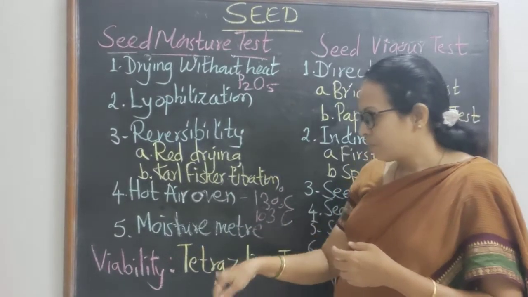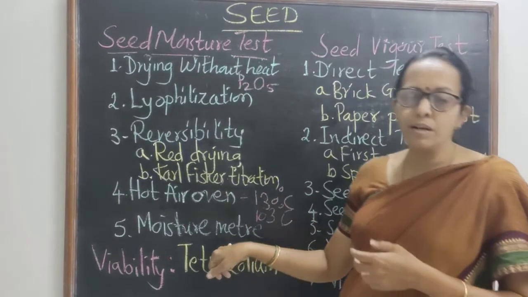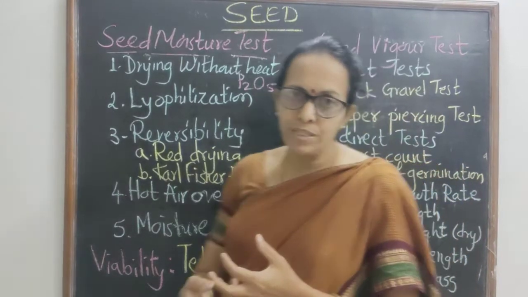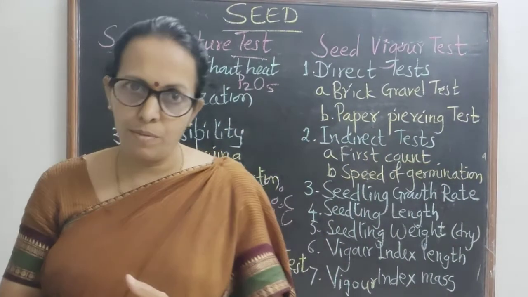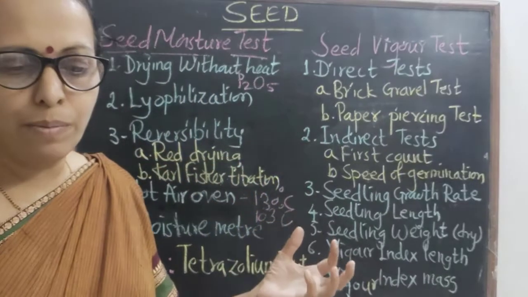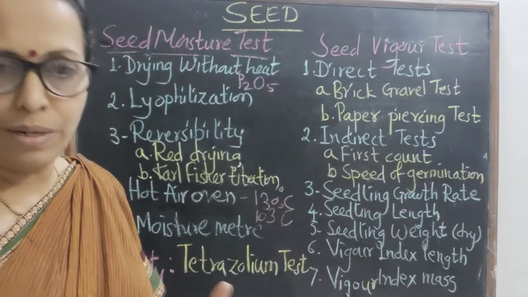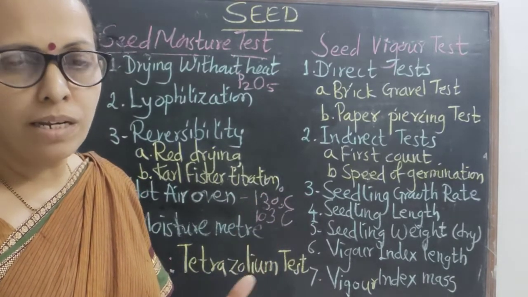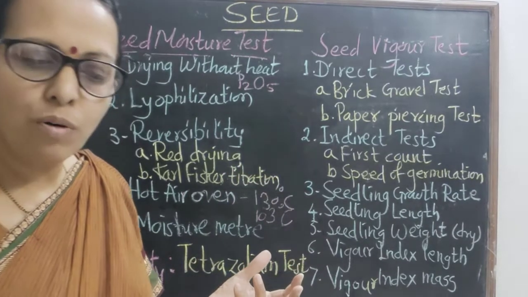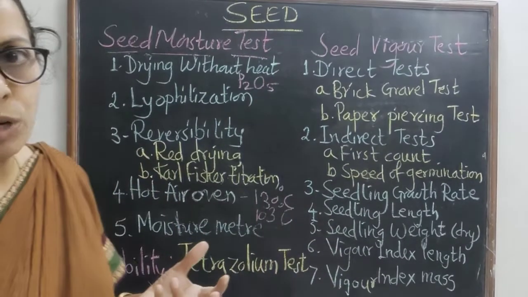Next is the moisture meter method. There are various types of moisture meters available in the market, even up to the digital moisture meter. There is the universal electrical moisture meter, which has been used for many years, as well as the Marconi moisture meter.